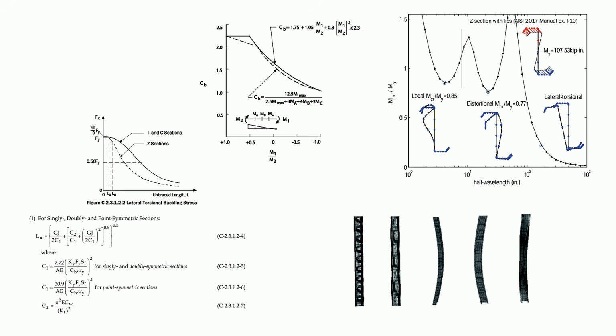For DSM, the standard works with buckling resultants like M sub cr, not just stresses. Appendix 2 even gives the conversion. So, if your software gives stresses, you can convert to forces or moments, and if it gives forces or moments, you are already in the right DSM language.